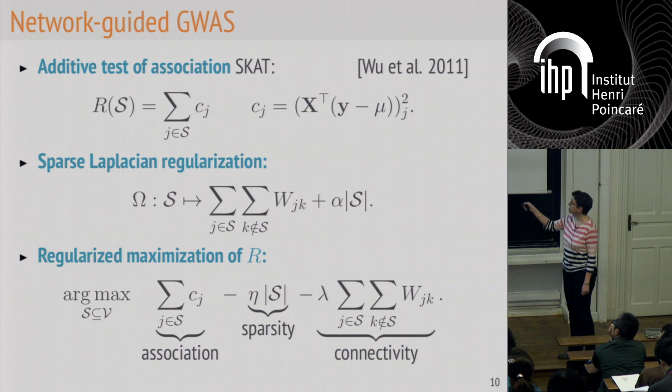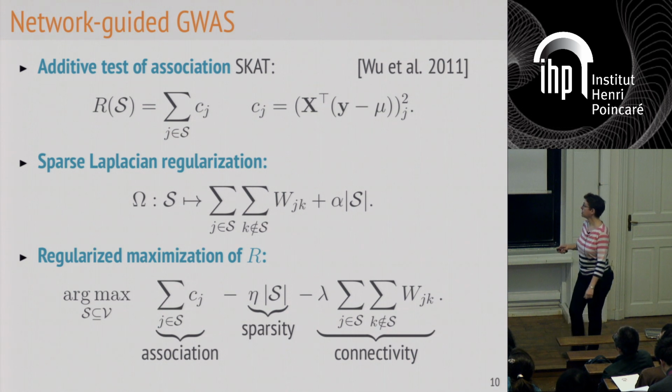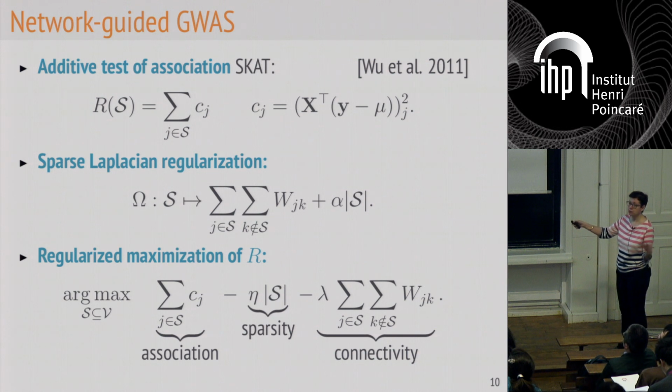In essence, this is a number that increases whenever you have an edge of your network where one of the nodes is selected and the other is not selected. So if you have a lot of such edges, it means your solution is very disconnected and you have a strong penalty.